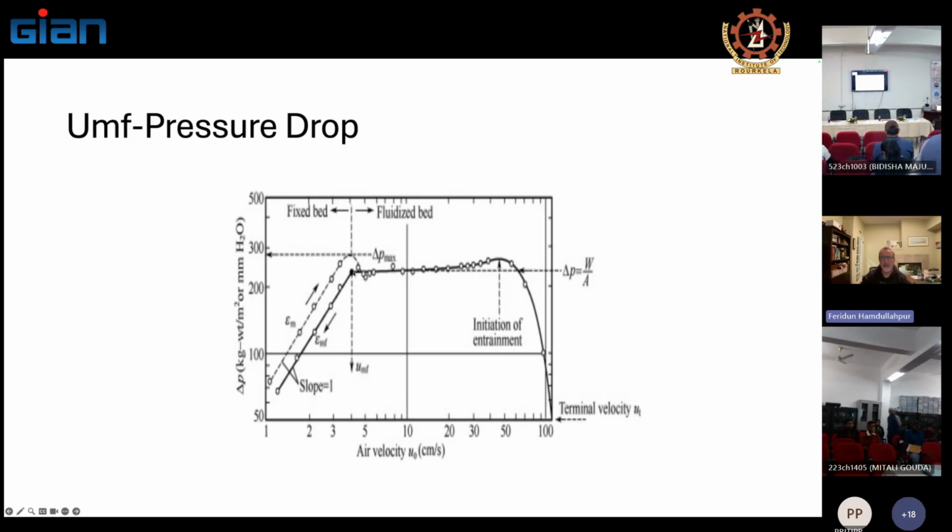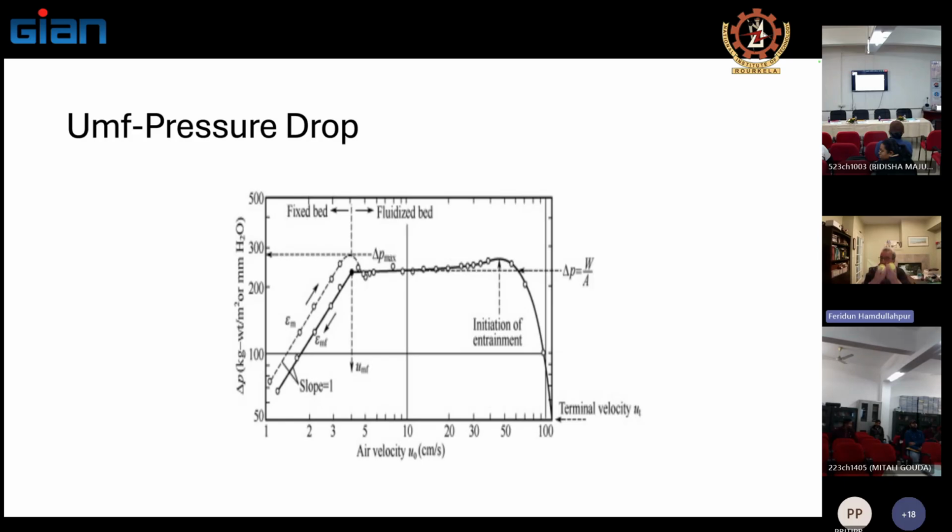Up to a point. You see this point here I'm circling? This is where the fluidization starts. So the particles were like this until fluidization started. When fluidization starts, they become like this. Okay, after which, no matter how much air you put through this, the pressure drop remains the same just because they're suspended.